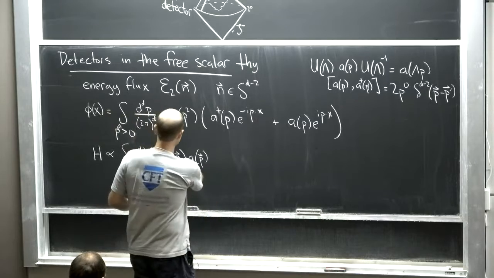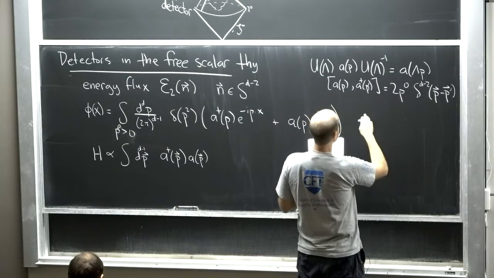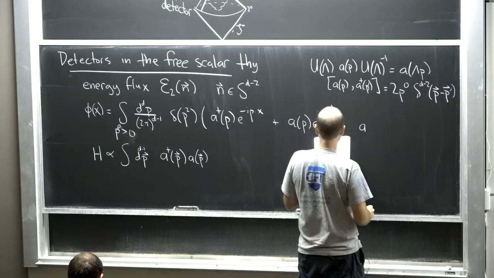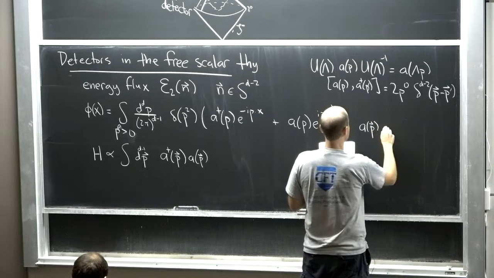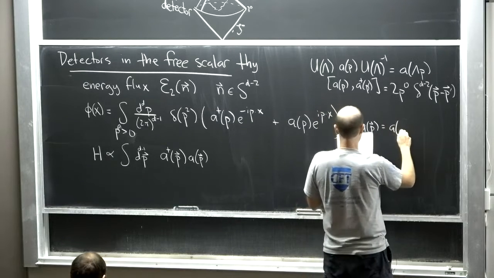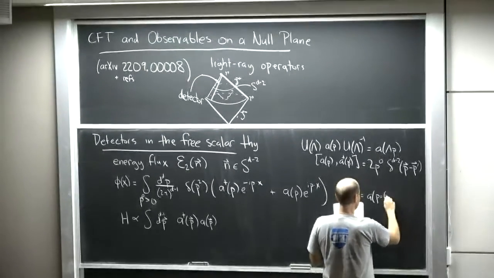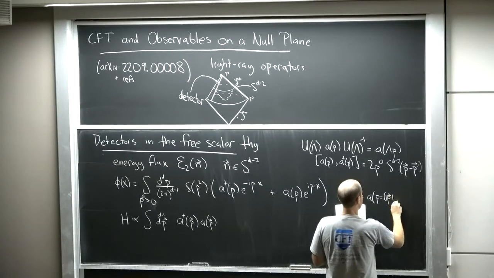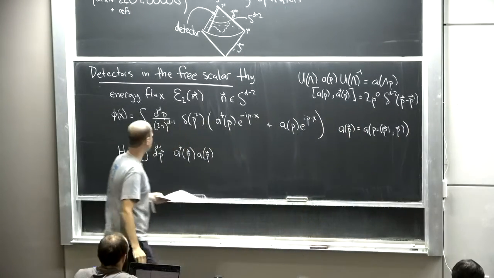And here, when I write a as a function of spatial momenta, I mean evaluating at the null momentum p corresponding to that spatial momentum. So a of p vector is a of the 4-vector absolute value of p, comma p. Okay, hopefully that notation isn't too confusing.